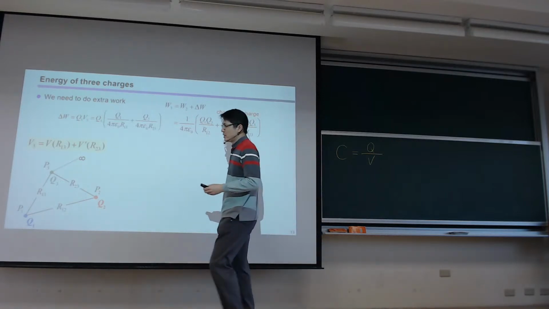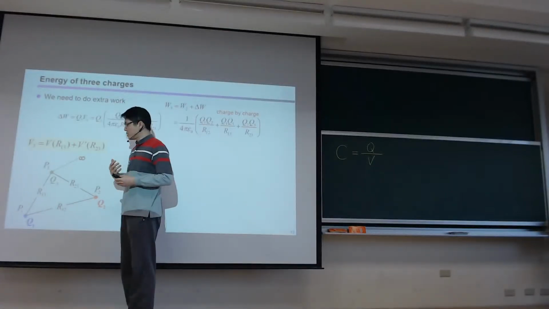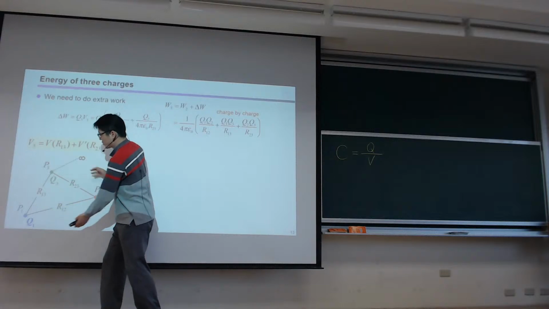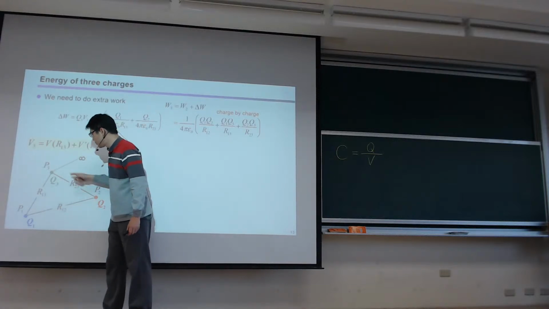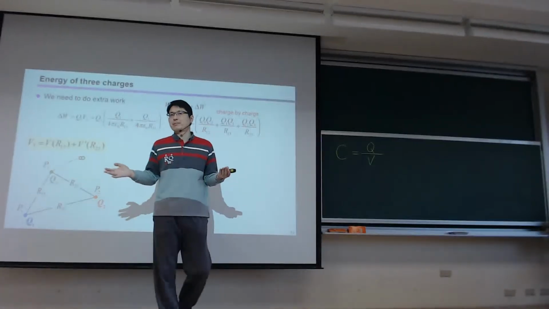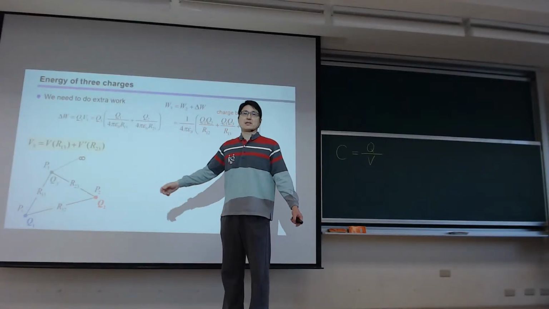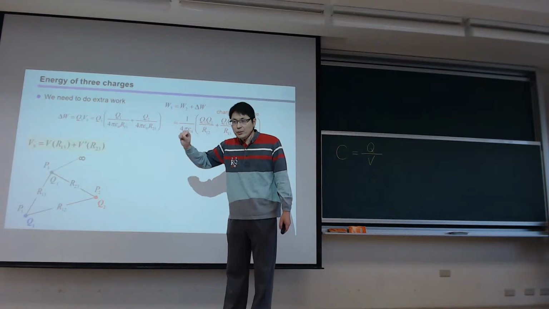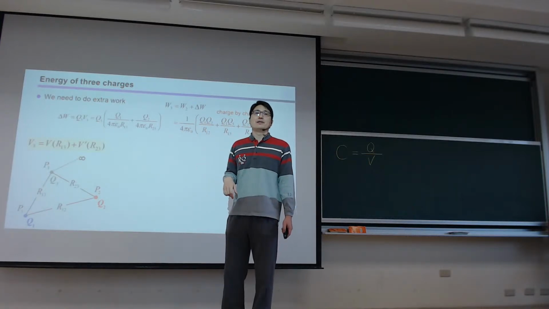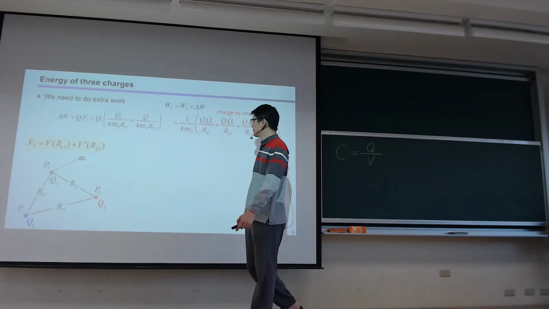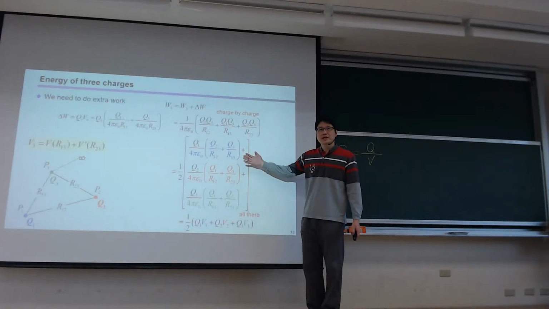But what happens if you don't care about the sequence? You take a picture, so I have charge 1, 2, 3. I don't care about their coming sequence, but they're just there in space. So I blindly write down the energy required. This is what you get.